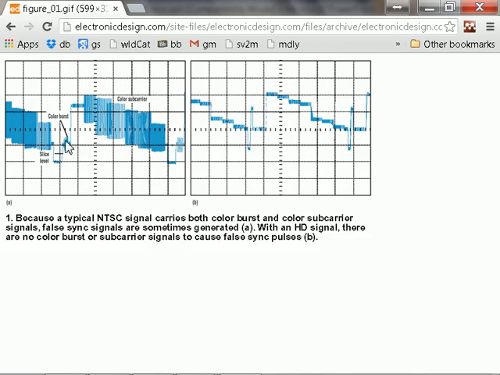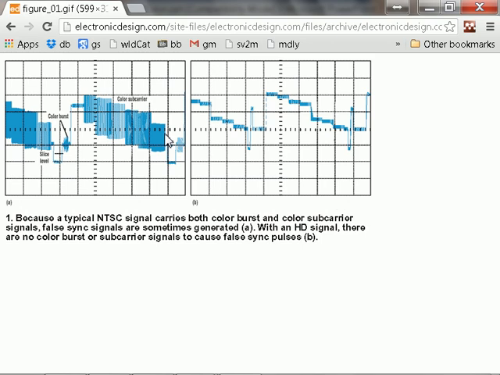And so you need to lock onto that with your phase lock loop, and then that will proceed to regenerate the color burst during the entire time that the signal is transmitted. That color burst is then used with a ring modulator, which is like a double sideband modulation system.